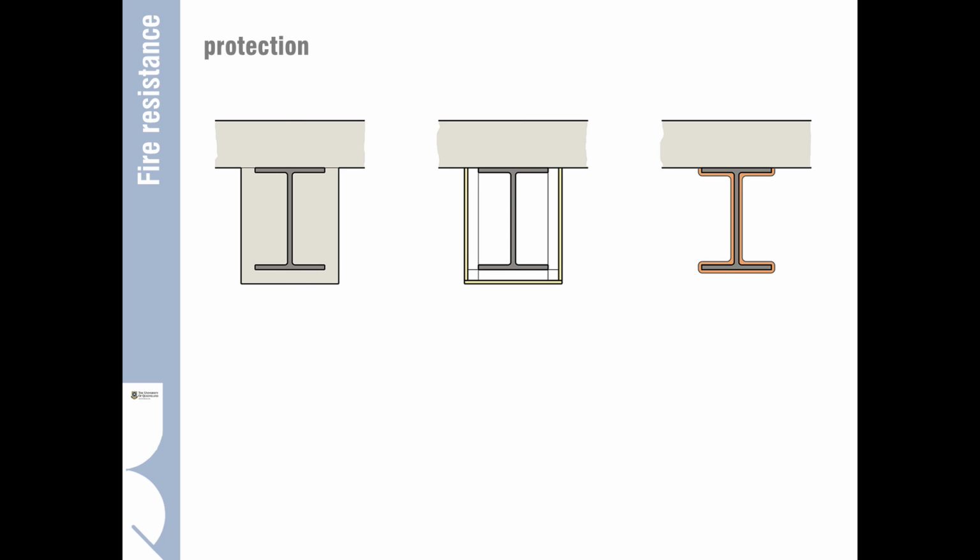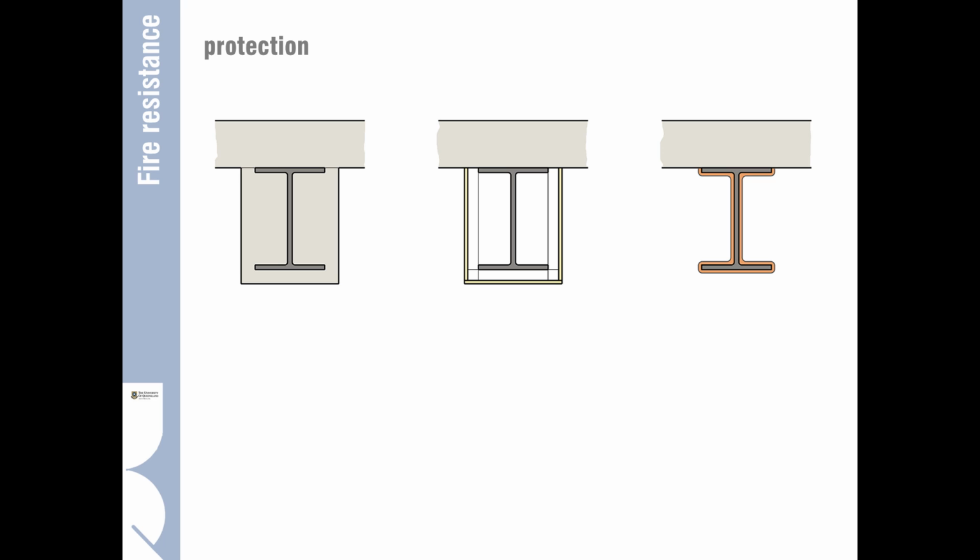The typical ways of treating steel to resist fire is to encase it, and typically this is either done through encasing it in concrete with a minimum thickness to ensure a certain barrier to the steel.